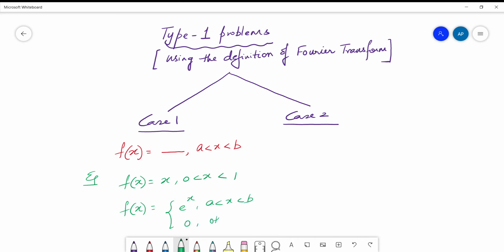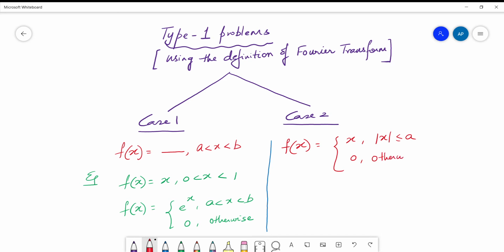So it is the interval where the function is defined in some interval like a to b, so that a to b could be any number. The other case is where I would like to discuss about finding Fourier transform of those functions where the interval given to us is something like mod x less than or equal to a and 0 otherwise.